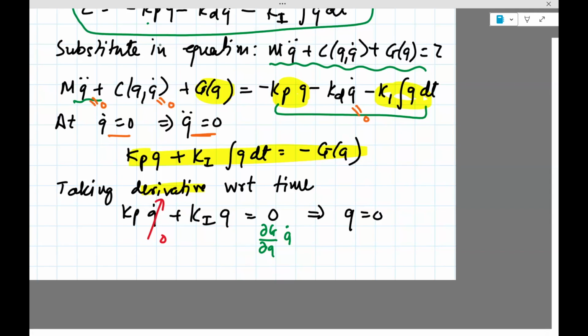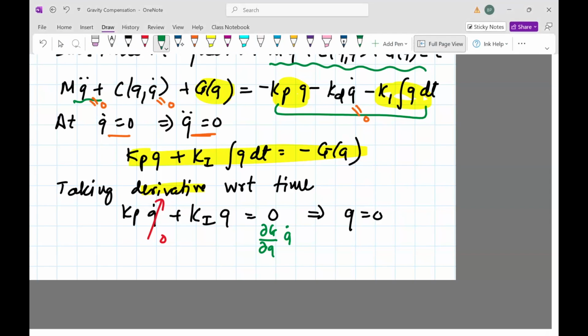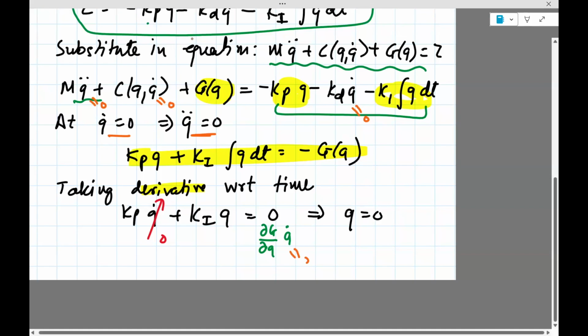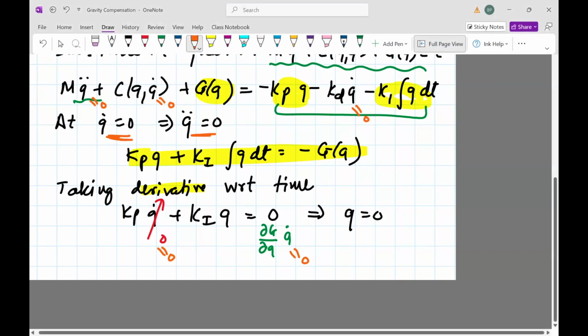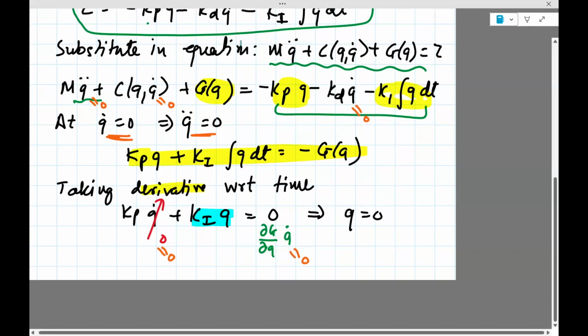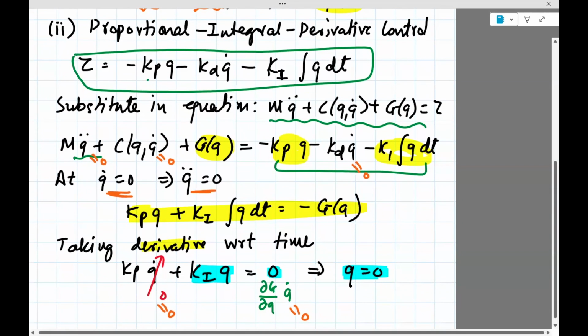This is by the chain rule, right? So this is going to be 0, because Q dot is 0. And so we can show that the only term that remains is Ki Q, which is equal to 0, and implies Q is 0. So this is just another way in which you can get correction of steady state error, which is the proportional integral derivative control.